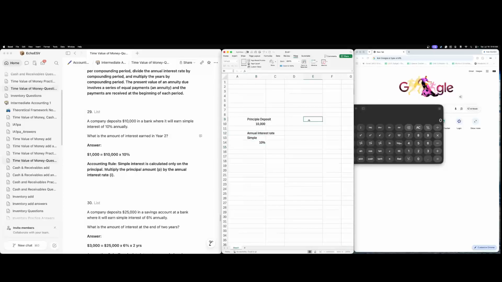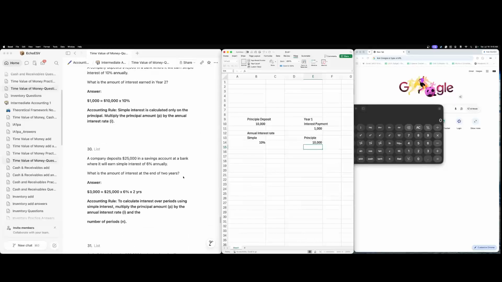So in year 1, the interest payment will be 1,000, which is 10,000 times 10%. The principal will not change; it will remain 10,000. Year 2, it'll be 1,000.